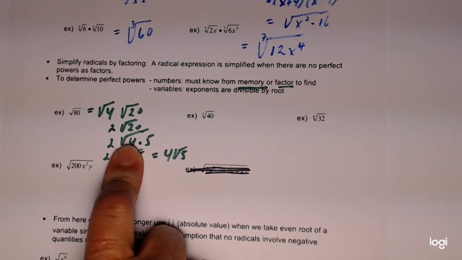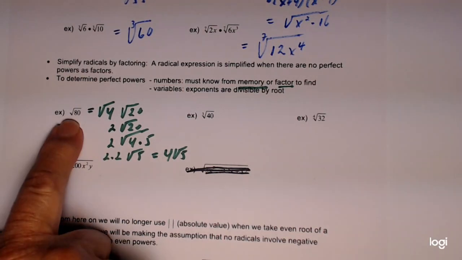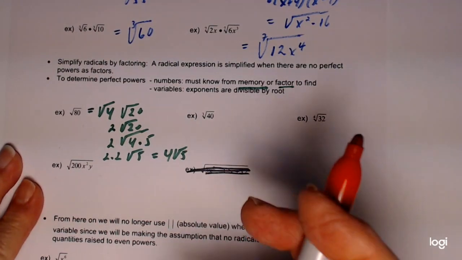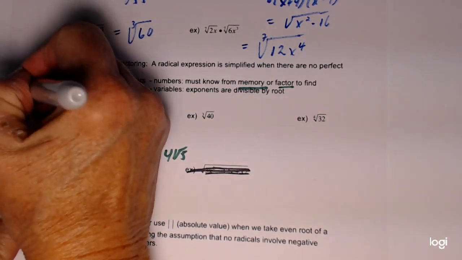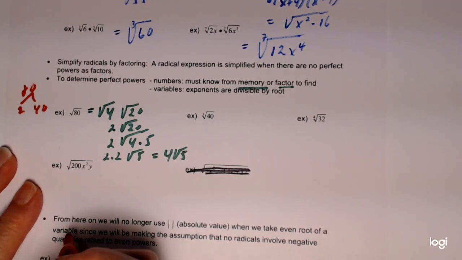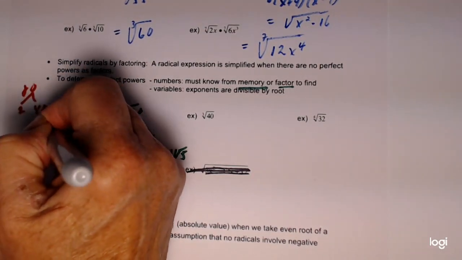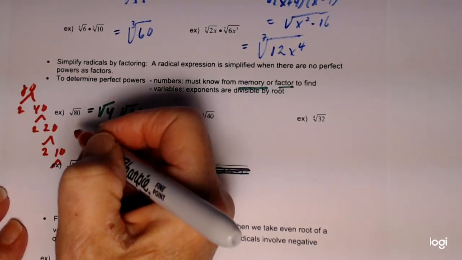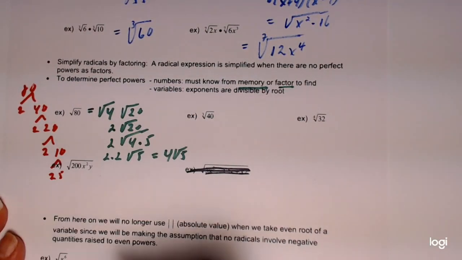Now, another technique that you could use would be to look at the factors of what's under the radical, make a factor tree, and factor them into their primes. So let me change up the color here. For 80, come over here. 80 would be 2 times 40. 40 is 2 times 20. 20 is 2 times 10, and finally 10 is 2 times 5.